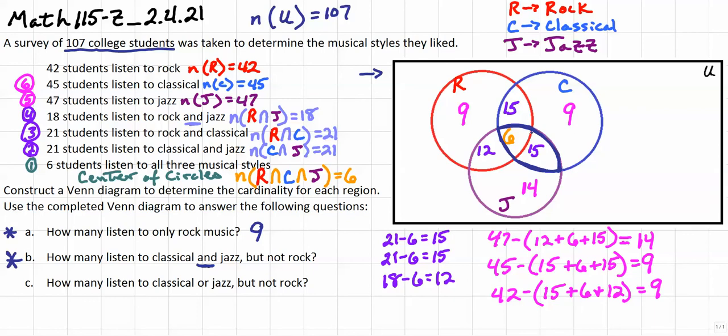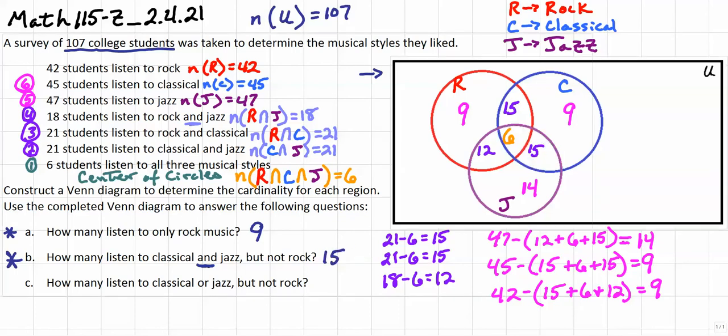But unfortunately, when I look at this region right here, this includes rock, so I will not look at that. I'm only going to look at the region that is classical and jazz but does not contain rock, which will be this one. Therefore, the answer would simply be 15.